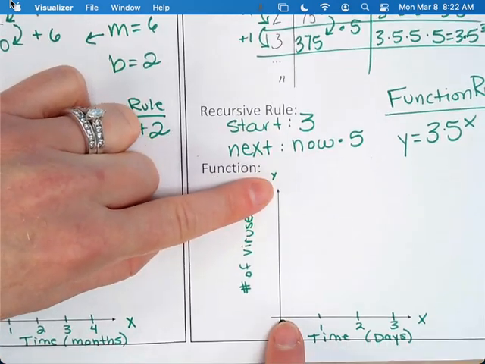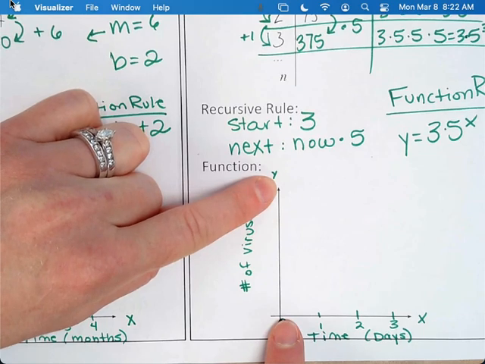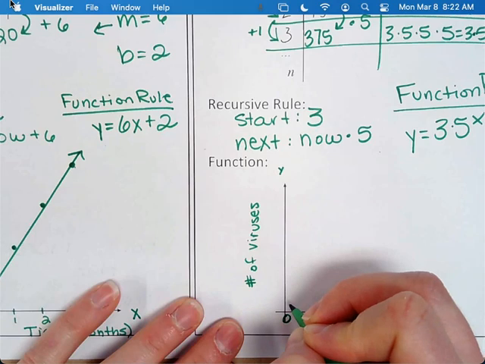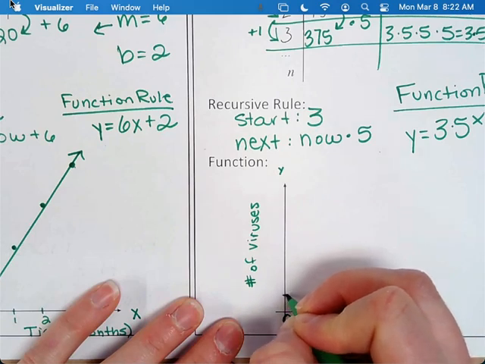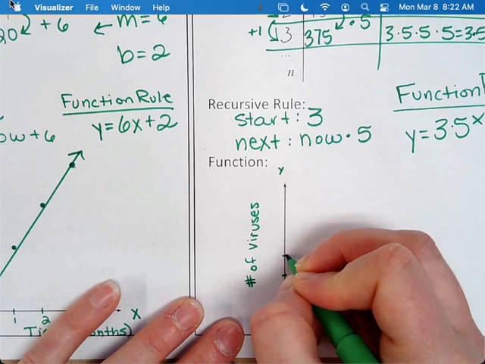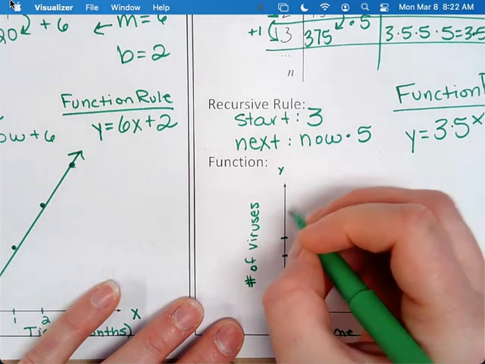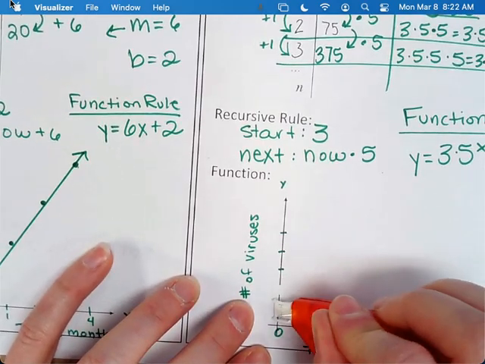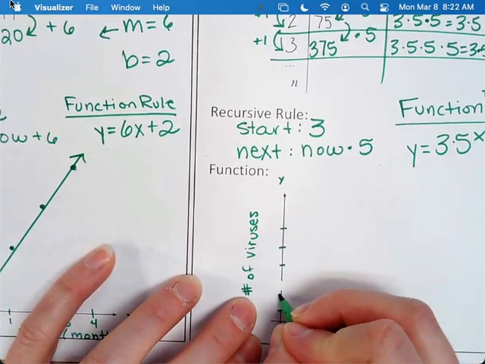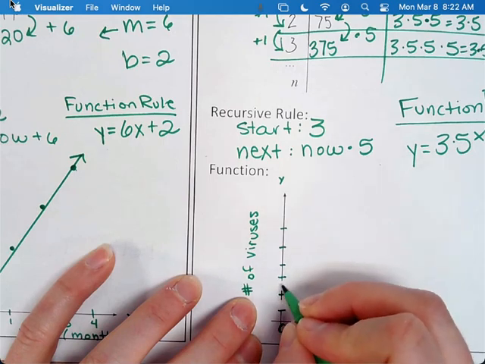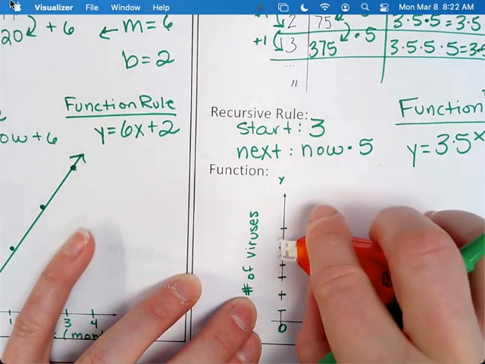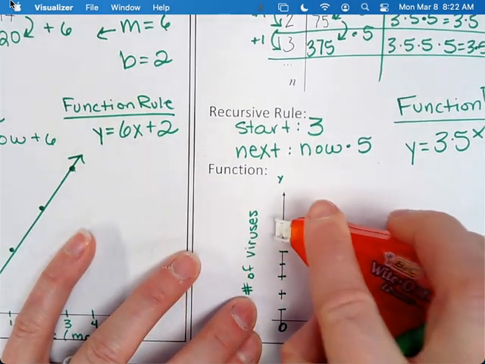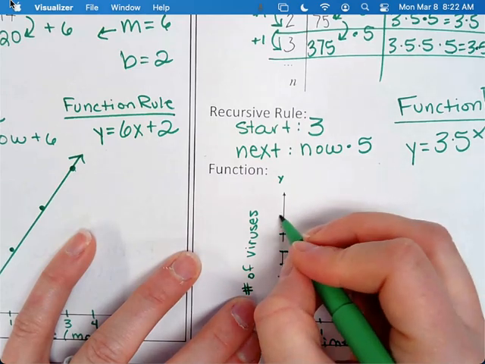So what should we go by? 50? Okay, so that would be, I need 8 of them, right? 1, 2, 3, 4, 5, 6, 7, 8. There we go.